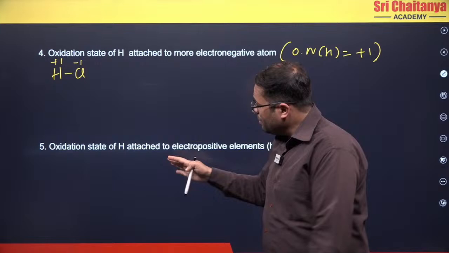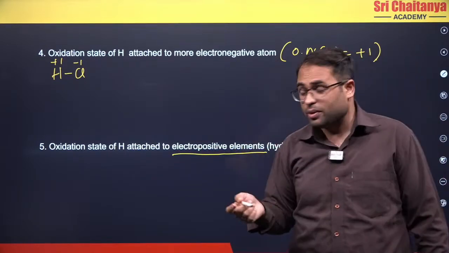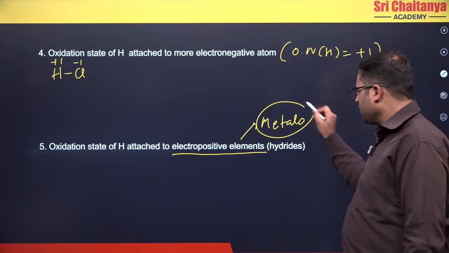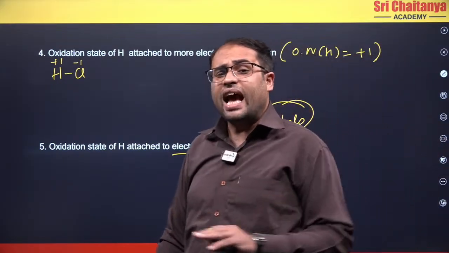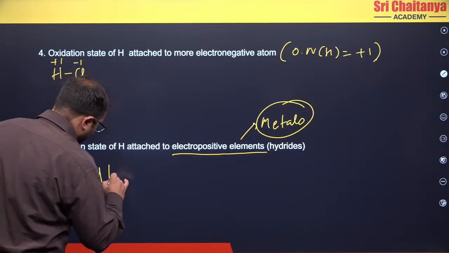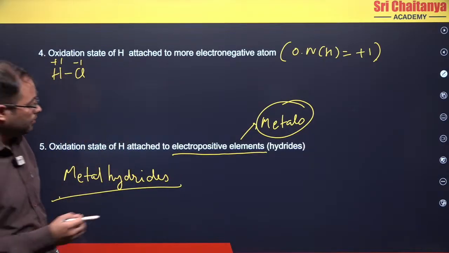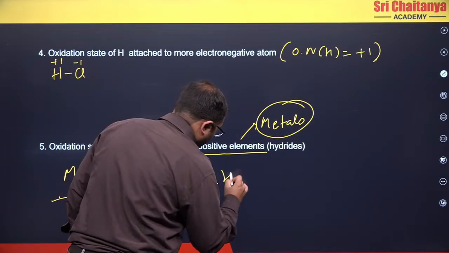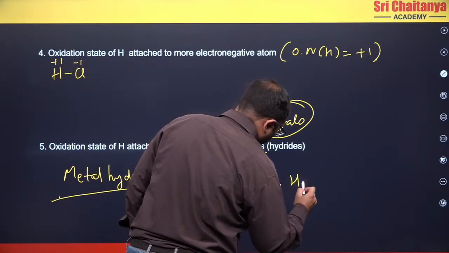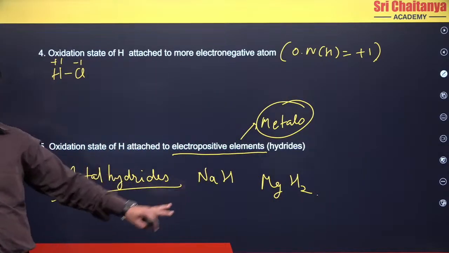Now, when the same hydrogen is attached to an electropositive element, electropositive elements are what? Those are your metals, right? Now, this basically happens in metal hydrides. So, if you have metal hydrides, like sodium hydride or magnesium hydride, then you will get that.